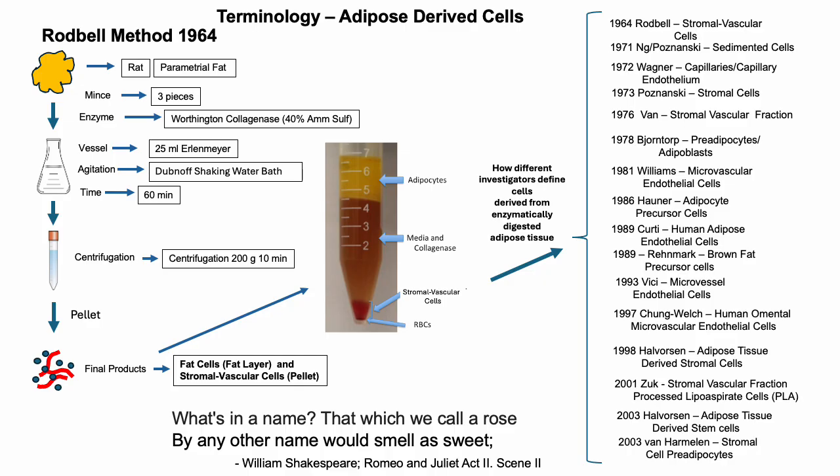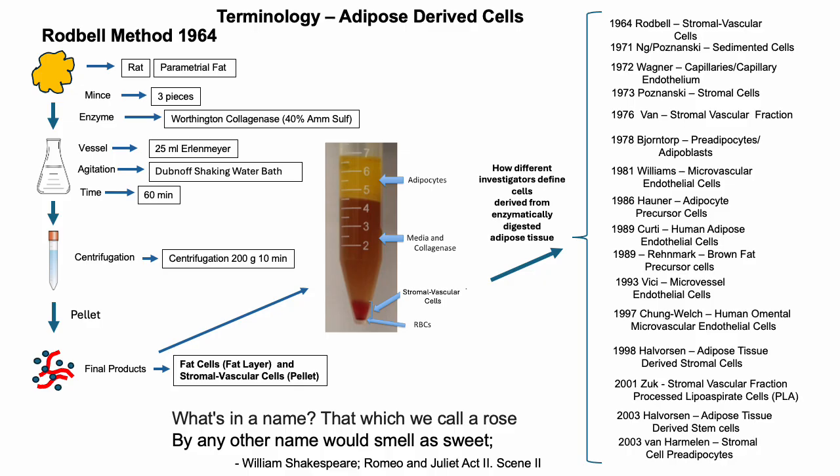Sedimented cells, capillary stromal cells, vascular stromal cells, microvascular endothelial cells, and it just goes on and on. The process lipoaspirate cells, stromal cell pre-adipocytes, stem cells. What it shows is there's incredible variability in how we characterize this cell population.